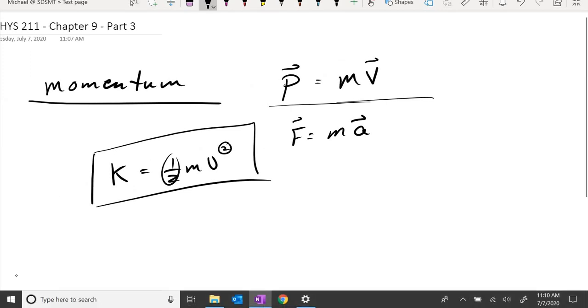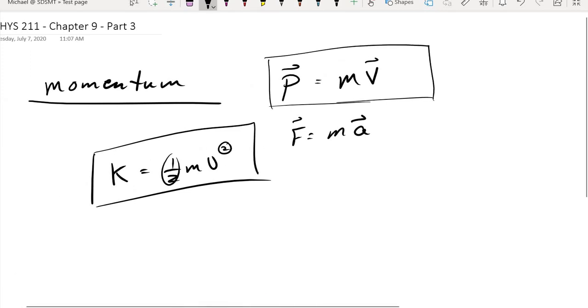Because of that, we have to go back and start using all the knowledge that we've been using about vectors, vector addition, vector components, etc. We've had it kind of easy the last 2 chapters, chapter 7 and chapter 8, because even though we were still using vectors, we were converting them into scalar quantities, hence energy.